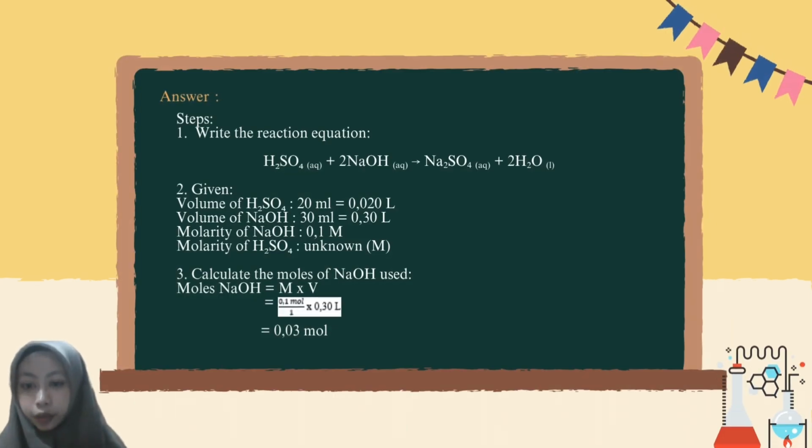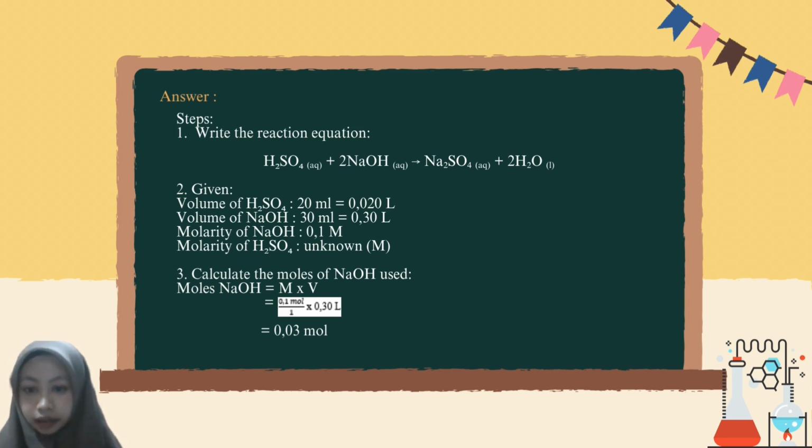Next, step number 3 is calculate the moles of NaOH used. Mol NaOH equals M times V equals 0.1 mol divided by 1 times 0.030 liter equals 0.003 mol.